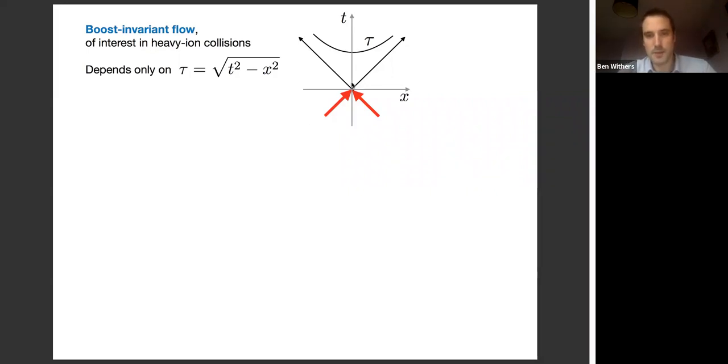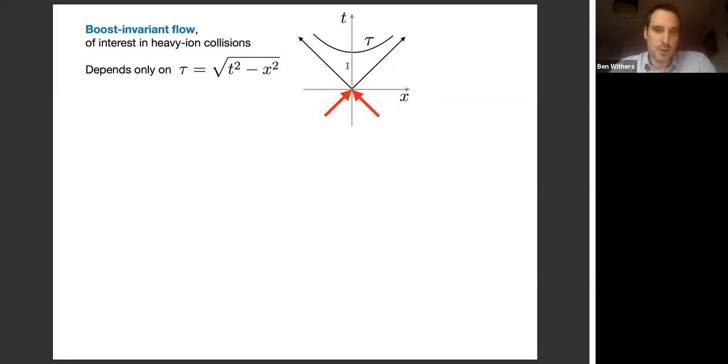X is basically the beam axis for colliding two ions together, depicted by these red arrows moving at relativistic speeds. These objects are supposed to be pancaked by the relativistic effects, so when they collide, you're basically looking at two colliding pancakes.